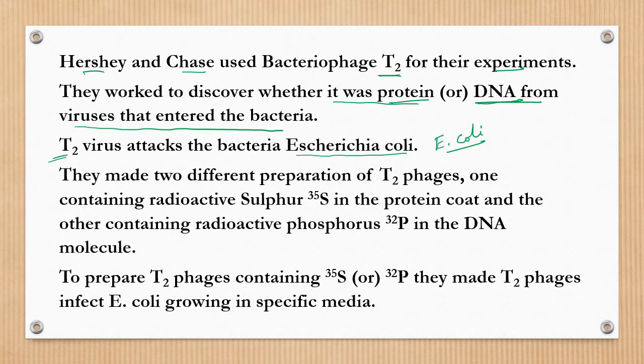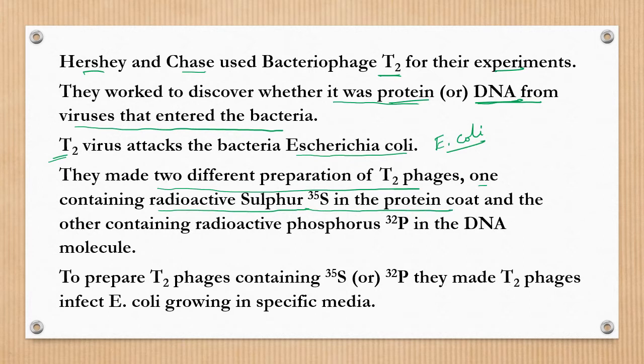These two scientists, Hershey and Chase, made two different preparations of T2 bacteriophages. What are the two preparations? One containing radioactive sulfur. Sulfur is present in protein, so that is in the protein coat.